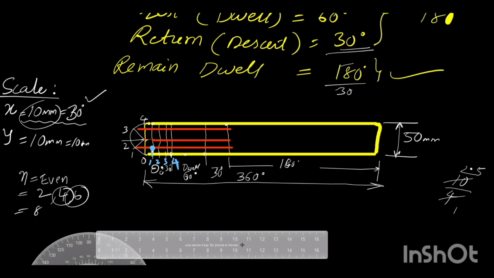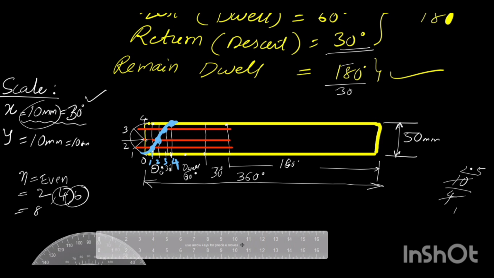Similarly, the second point is intersecting at this point, the third here and the fourth one at the end. Okay, so if you draw it, it makes a spline curve like this. It is not a straight line, remember, it is a curve. So here it will join the 4 intersections.